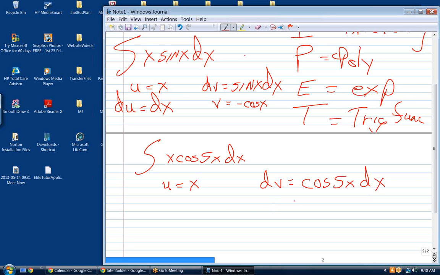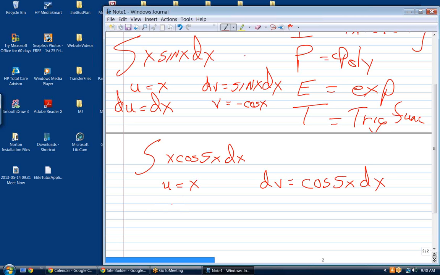In other words, dv is everything that isn't u. You can't have dv with just one differential in it. It doesn't make sense mathematically to say dv is equal to cosine of 5x. You always need that other differential in there.